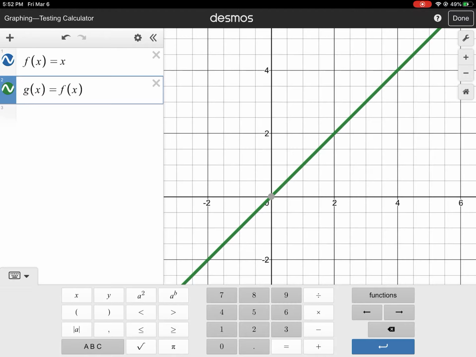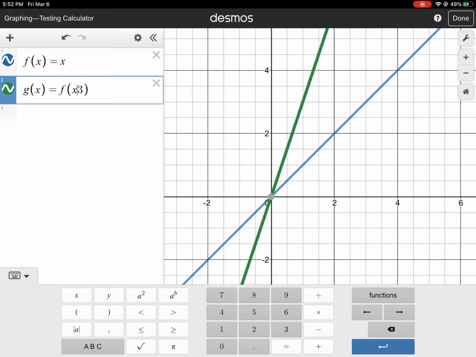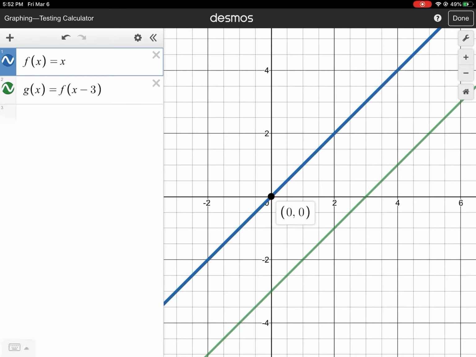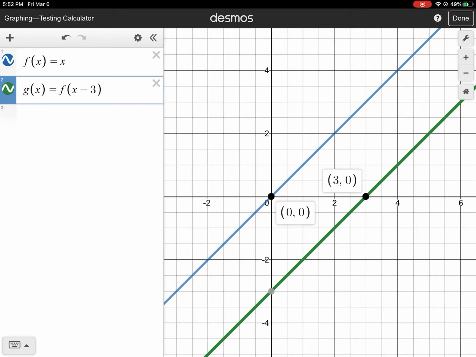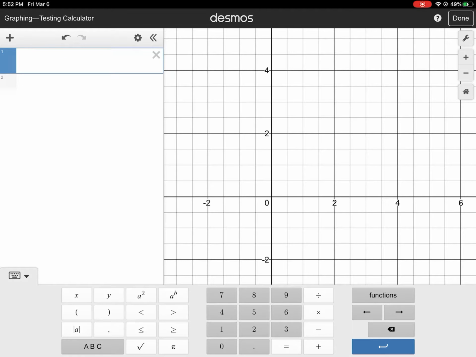If it's opposite, then if I want to go to the left 3, then I would add 3. So I start at 0, 0, and I move it to the left. The blue is the original, the green is the new. Now let's say I want to go to the right. If I want to go to the right 3, then I would subtract 3. So I start at 0, 0, and I shift it over to the right 3 by subtracting. So it's opposite.